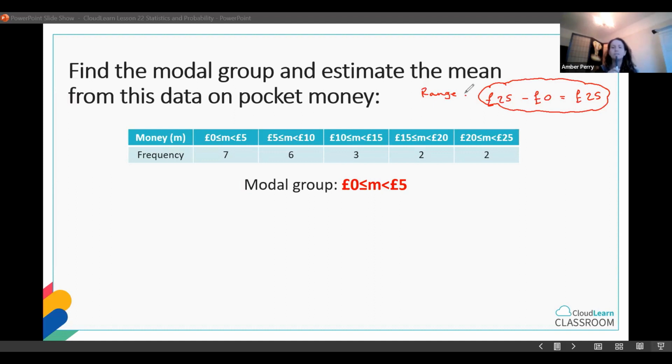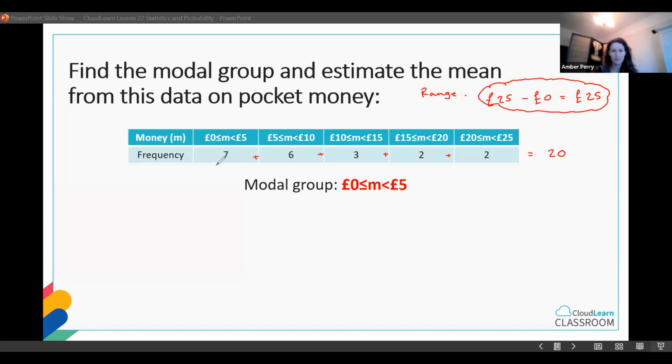Median, you wouldn't have to find the exact median because it's quite complicated. You can find the group which has the median in. To find that group, you need to find out how many people there are. There are 20 people. Half of 20, or the median number, will be halfway between the 10th and the 11th.